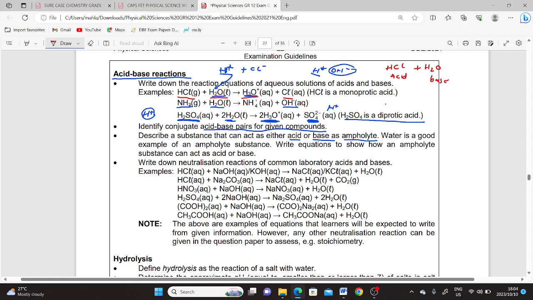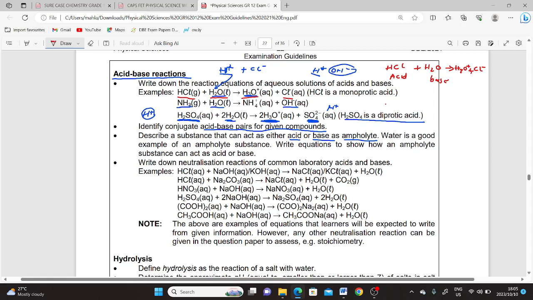Look at HCl before the reaction, it has H, but after the reaction we no longer see HCl, we see only Cl minus. It means HCl donated the hydrogen to H2O, then it becomes H3O plus, then here plus Cl minus.